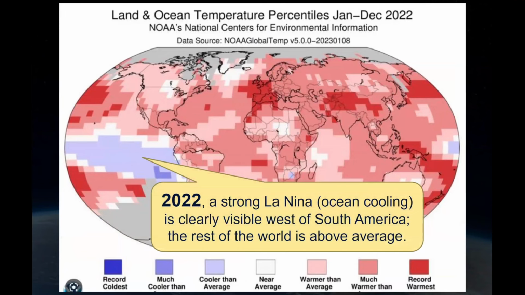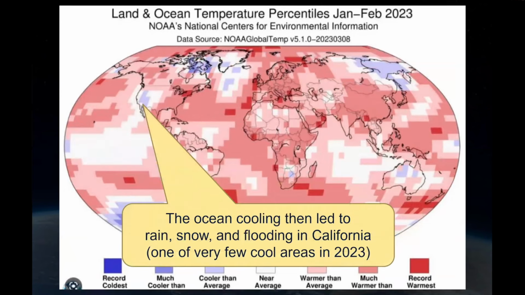And that led to really cold temperatures in the Pacific in 2022, while the rest of the world was way above average. And that ocean cooling led to the rain and snow and flooding that we observed in California, which coincidentally was one of the very few cold areas in the entire world in 2023.